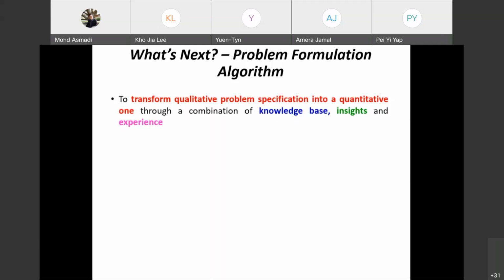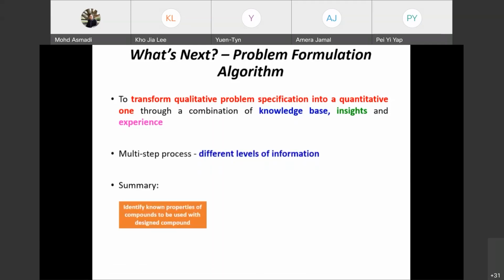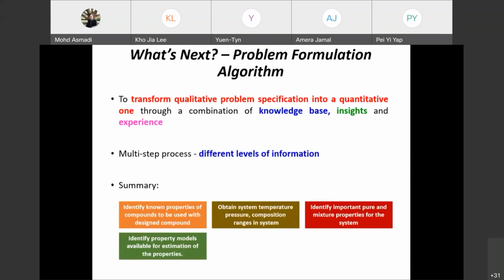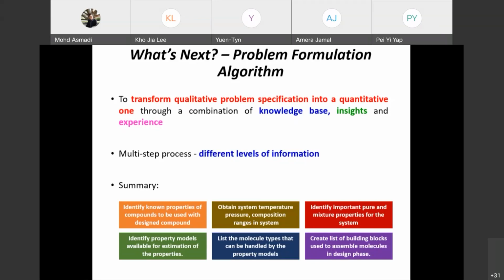So this is a multi-step process, and we require different levels of information. In summary, the steps that we need to conduct consist of six steps.